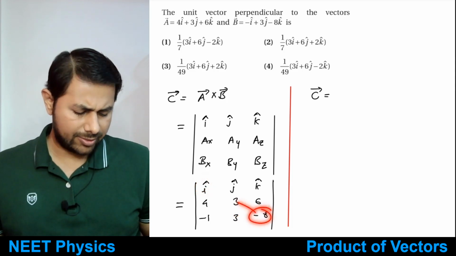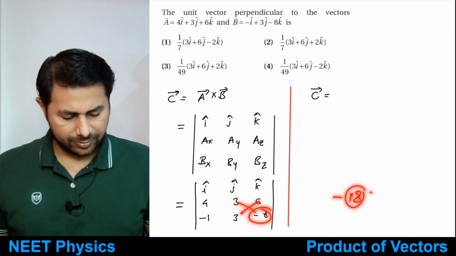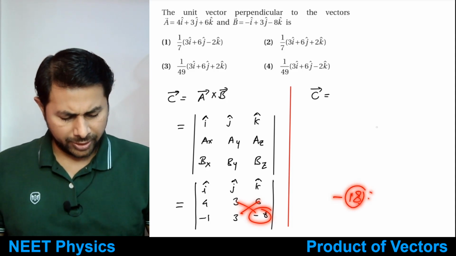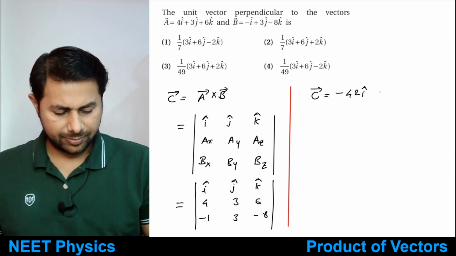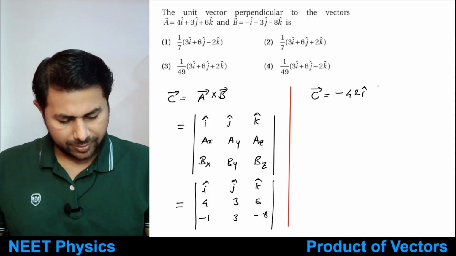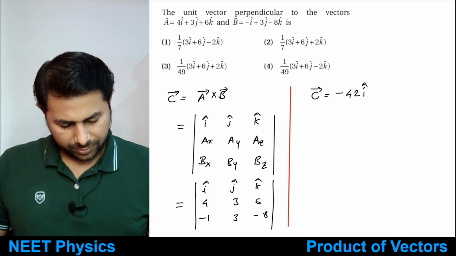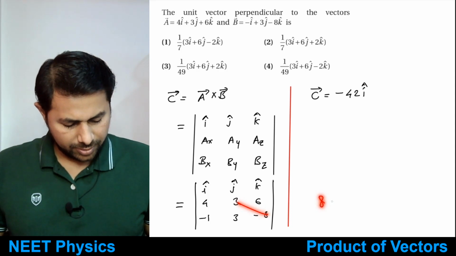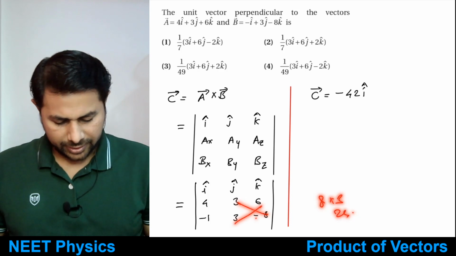So minus 24 and minus 6 3s are 18. How much is that? 42. Minus 42 I cap. 24 plus 18, right? Yeah, that's correct.